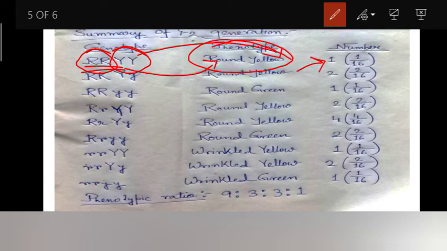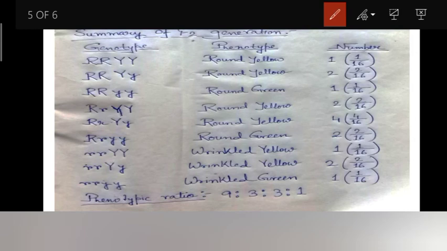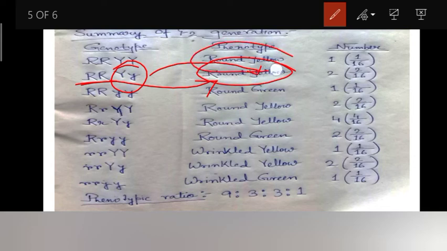We know that there are 16 possible combinations of this gamete. I discuss about those 16 possible characteristics. 1 out of 16 it gives. Like that, capital R gives similarly round shape, and capital Y small y gives yellow color. This is also round yellow and this is also round yellow. They are phenotypically same but genotypically different, because here it is not homozygous, this is heterozygous.